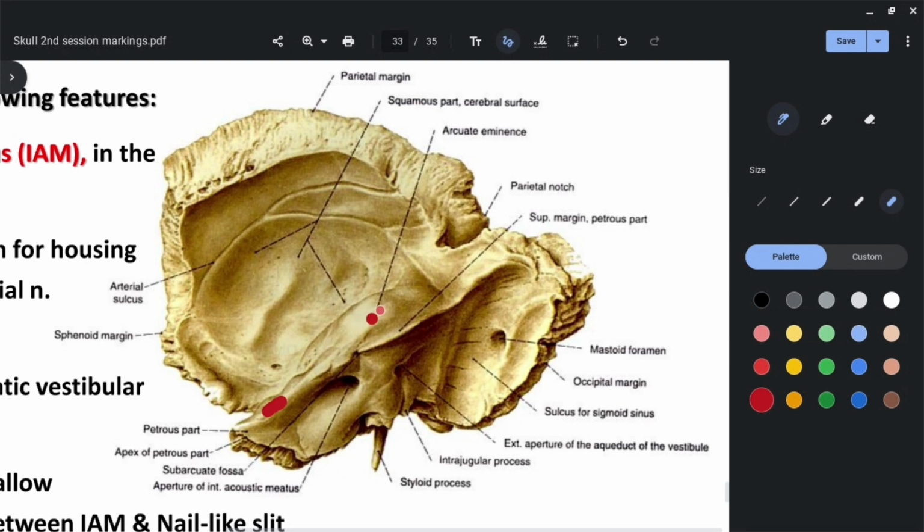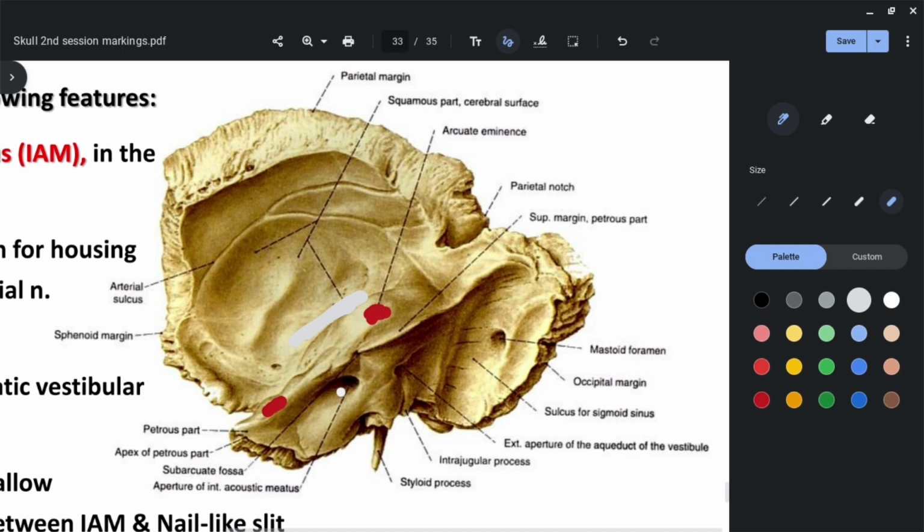Then here we have the tegmen tympani, which is very important. It is the structure for the roof of the middle ear. So here we have the tegmen tympani, arcuate eminence, trigeminal impression, and the spine.